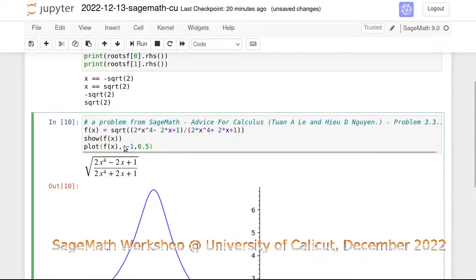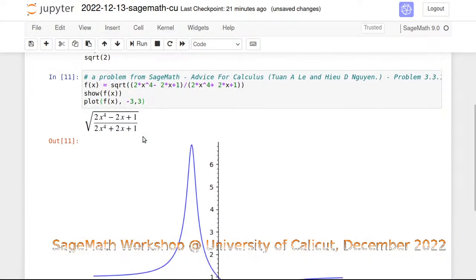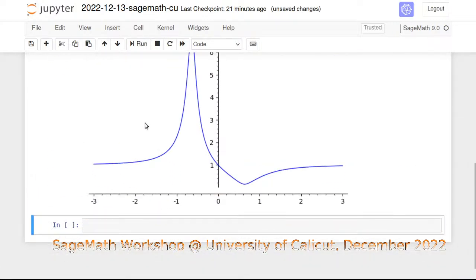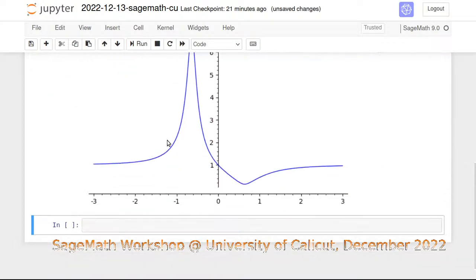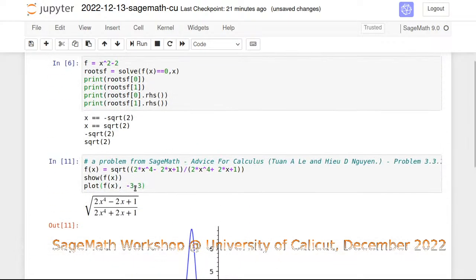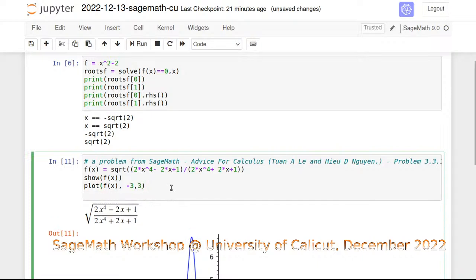Maybe we can try to expand this function and see if there are any other horizontal tangent points. That's also quite possible. If you try -3 to 3, it doesn't look like so, but anyway, it seems that the horizontal tangents are most probably in the range -1 to -0.5 and 0.5 to 1 somewhere. That's what we can guess from these two lines of computation.